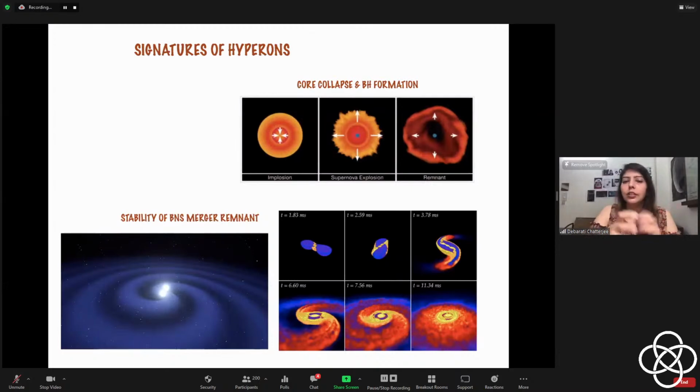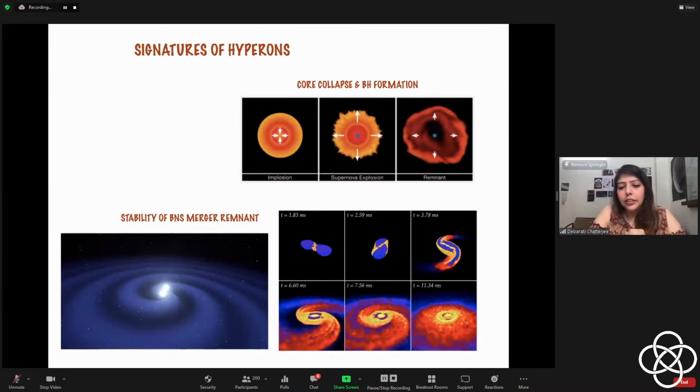Whether or not this merger remnant is going to be stable also depends on what particles are there inside. If there are hyperons, maybe they soften the equation of state a lot. There is not much pressure support and it quickly collapses into a black hole. And if there are no hyperons, maybe it's much more stable and stays longer. And we can observe this remnant.